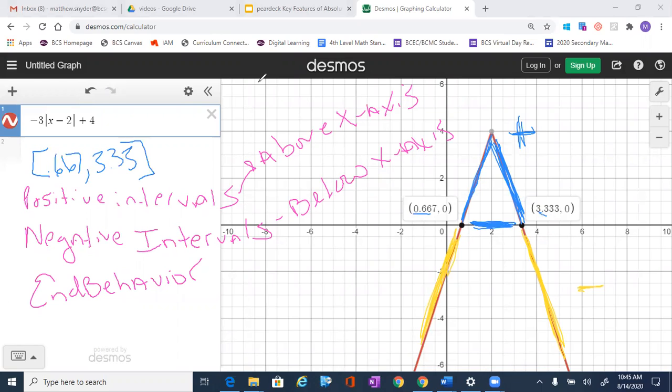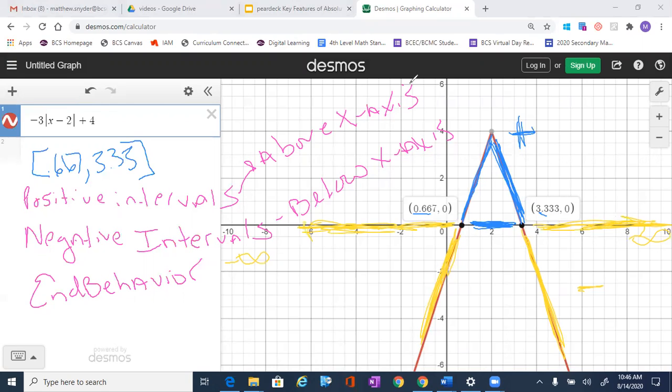Okay. Then I'm going to go negative intervals. And negative intervals are anything that's below the x-axis. Well, that happens way out here. Remember, I'm going to write this as negative infinity. That's positive infinity. That happens way out here, and then it stops right there. And then once again, it does the exact same thing. It starts here and it goes way out in that direction.